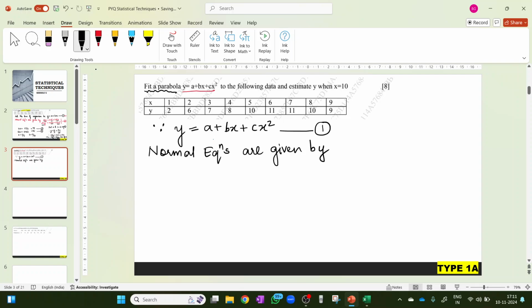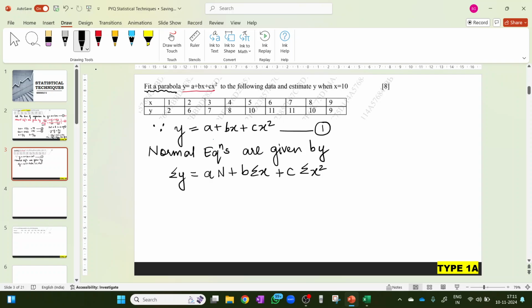Step number 1, you apply summation throughout. So y gets summation. A, which is a constant, comes out. Summation of 1 n times will give you n. B times summation x, because B is a constant, it comes out. C times summation x square.